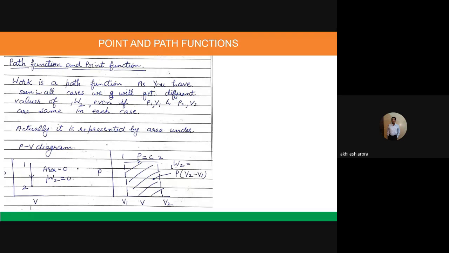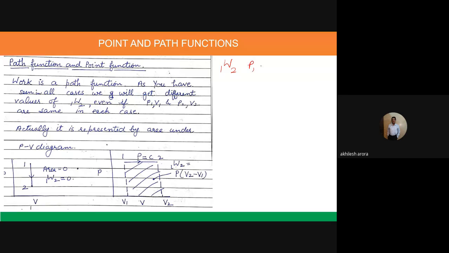Now I would like to discuss path function and point function. First of all, once again, I have discussed the value of work for various processes. We have just calculated the value of W1 to 2 for which process?